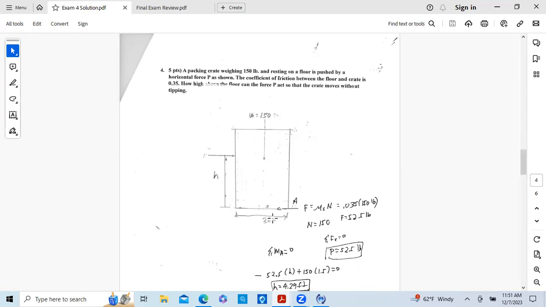And you get H is equal to 4.29 feet. Pretty simple problem, pretty basic problem. Nothing complicated about it.